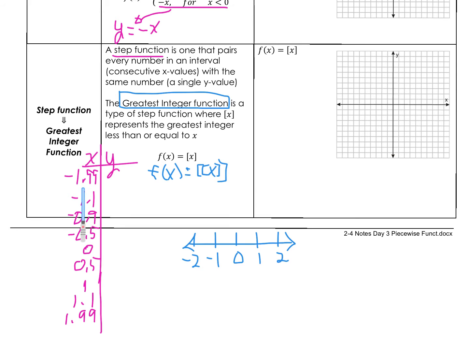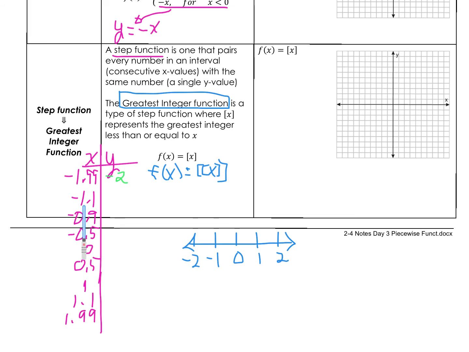If I were to place -1.99 on the number line, it's going to put me right about here, almost to -2. If we round down to the next integer, the closest integer to the left is -2. So when x is -1.99, y is going to be -2.